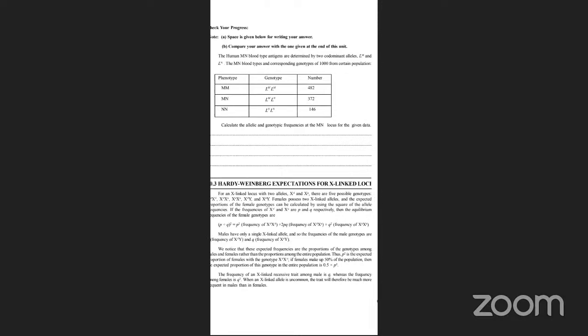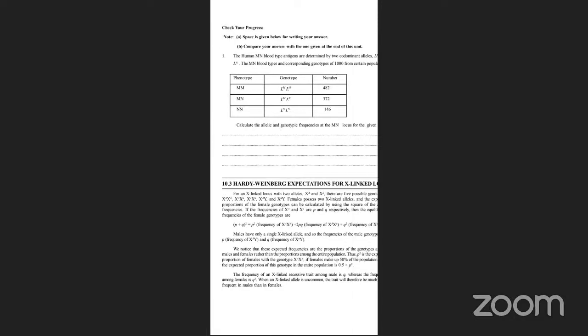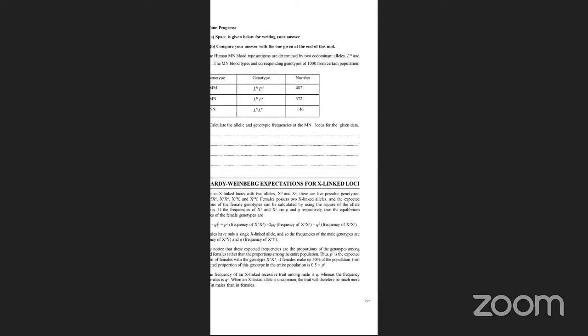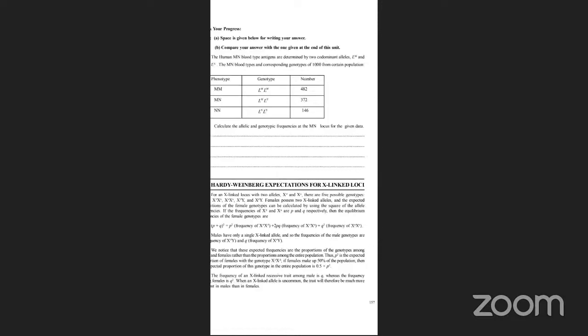If the frequencies of X^A and X^a are P and Q respectively, then the equilibrium frequencies of the female genotypes are (P plus Q) whole square equals P square plus 2PQ plus Q square. Males have only a single X-linked allele, and their respective frequencies are P and Q. We must take into account the proportions of males and females in the population.